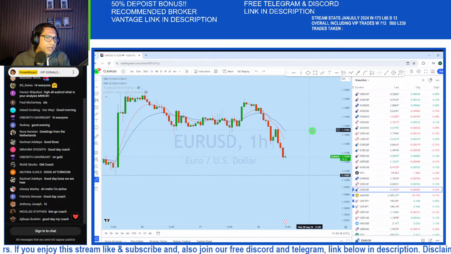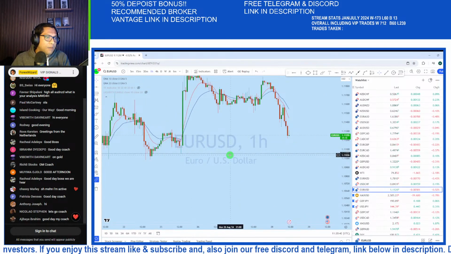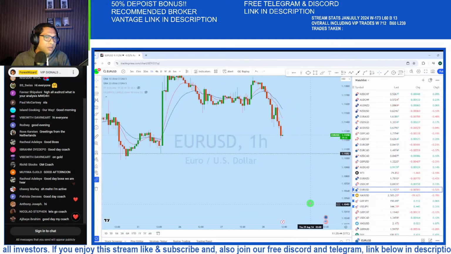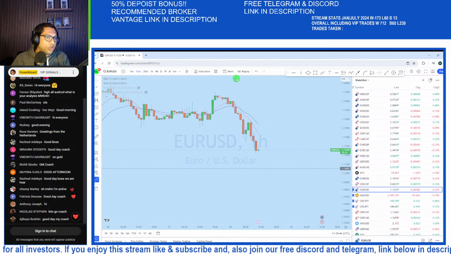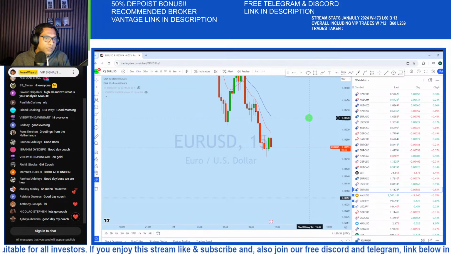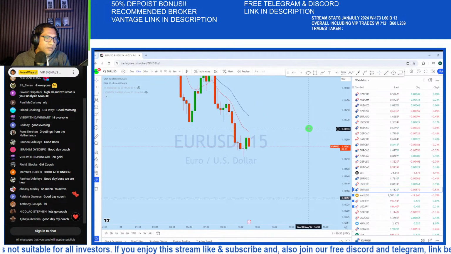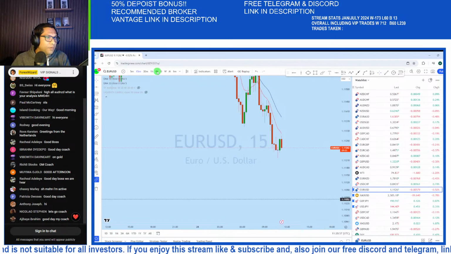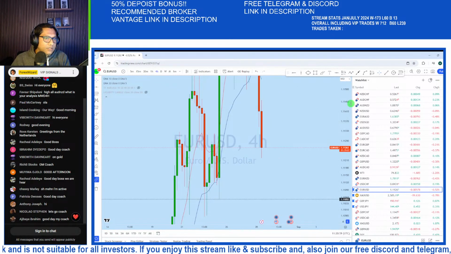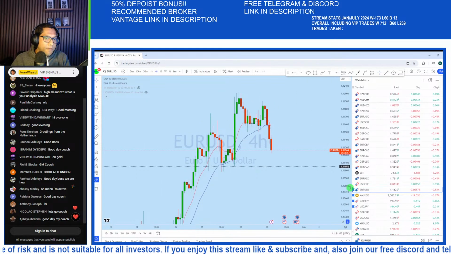With this downtrend, what we can expect on EURUSD is for the market to come down and then potentially create a new lower low. We can see there is also a liquidity candle in the previous 15 minutes, and then the price started to drop from that zone. This is the 4 hour. We can see there is a massive drop here.